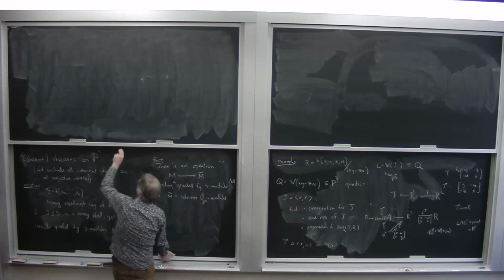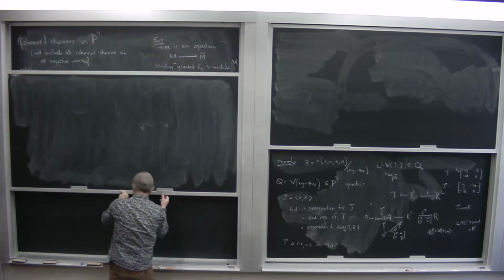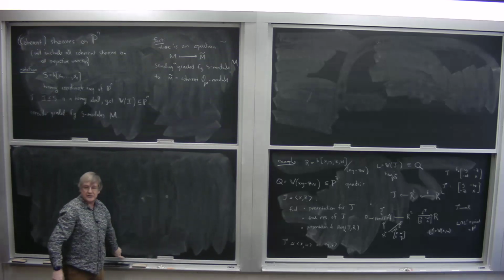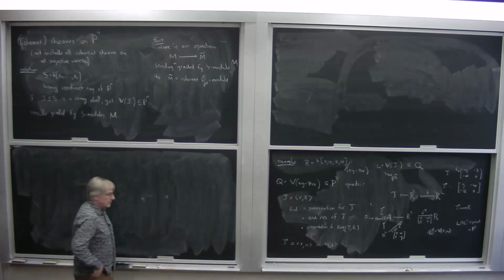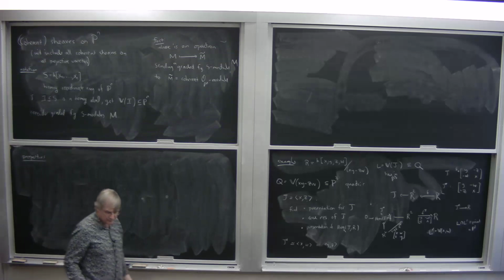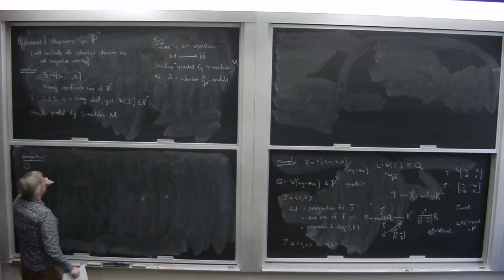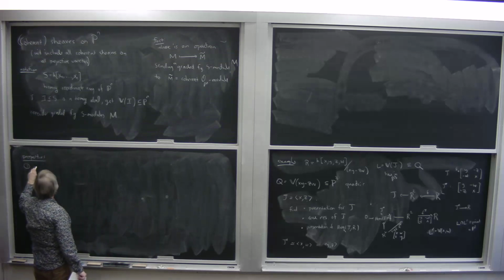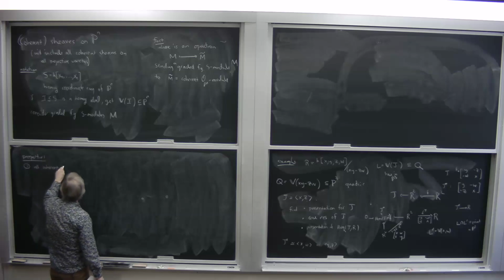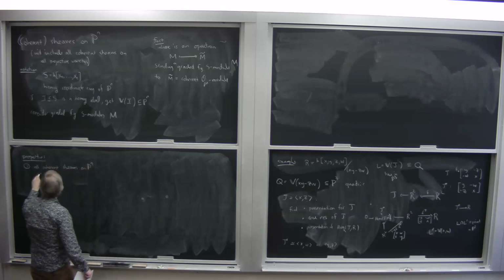And the properties of this are the following. It's actually quite easy, once you know the definition of a sheaf, to write this down. One, all coherent O of Pn modules, all coherent sheaves on Pn, arise in this manner.